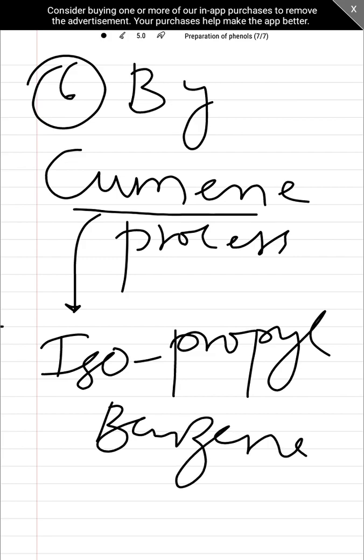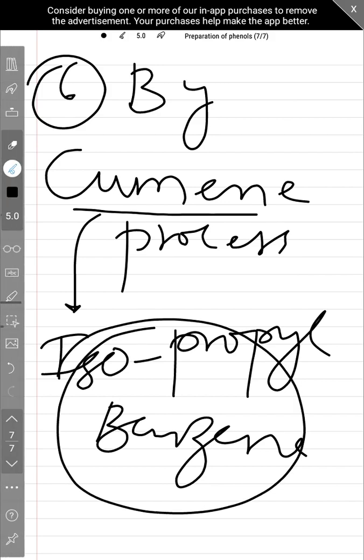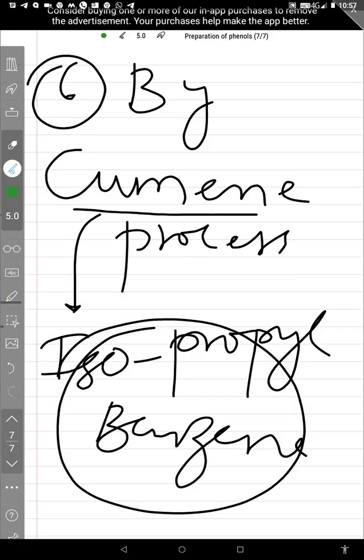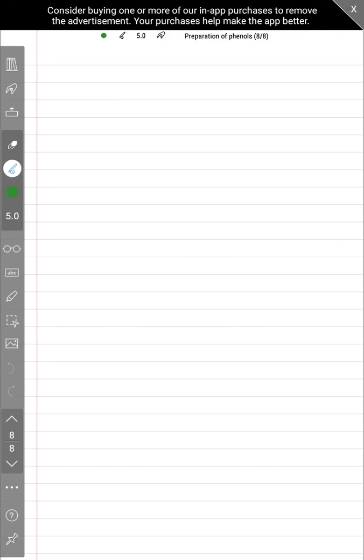And this cumene we have to subject to oxidation. Without oxidation it is not possible. When it undergoes oxidation, it produces cumene hydroperoxide.